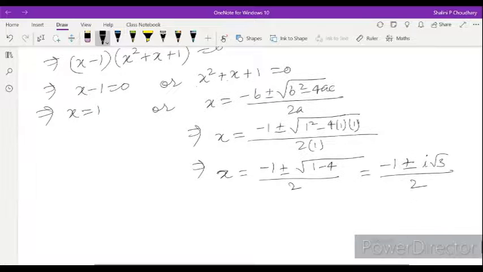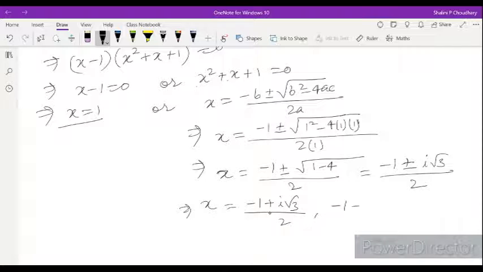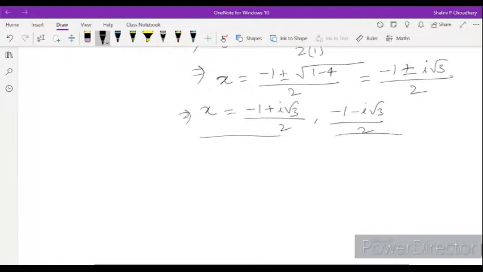So basically we got here one value, and for x there will be 2 values. One will be minus 1 plus i root 3 upon 2, and second is minus 1 minus i root 3 upon 2. So these are the 3 values for x. These are the cube roots of unity, 3 roots.